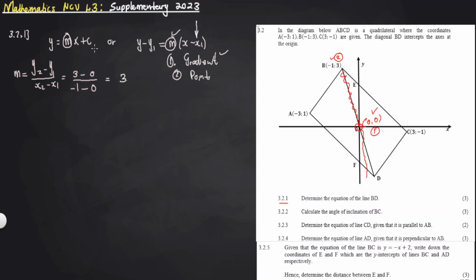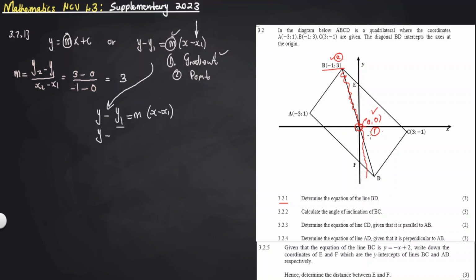I like using this formula to work out the equation. Of course, you can use the other one. It's still fine. But let's use this one for our discussion. So the equation for BD is y - y1 = m(x - x1). Where there's y1 or x1, I'm going to substitute a point. I can either substitute the origin or B. It's up to you.